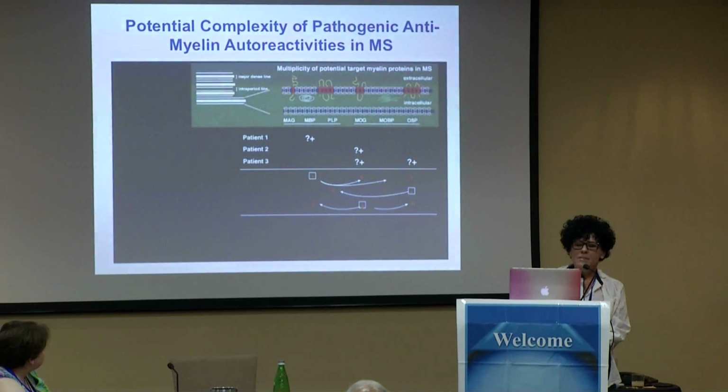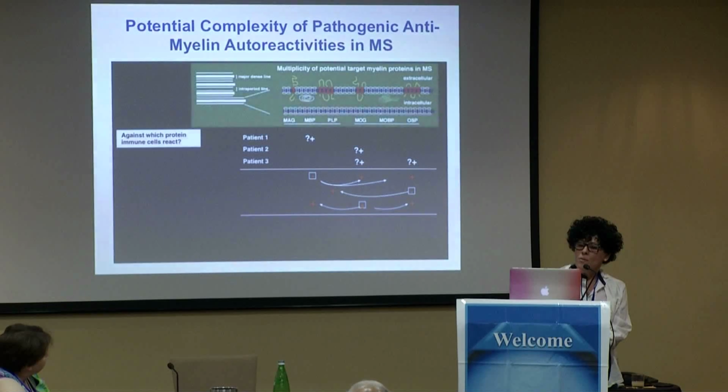So, CNS-specific and non-specific proteins have been investigated in the context of MS. Of these, the major myelin components like MBP, that means myelin basic protein, PLP, MOG, MOP, and OSP have been demonstrated to elicit autoimmune pathogenic T cells, which respond in clinical EAE, and reactive T cells against these proteins were detected in MS patients.